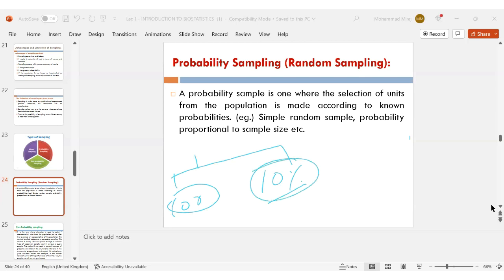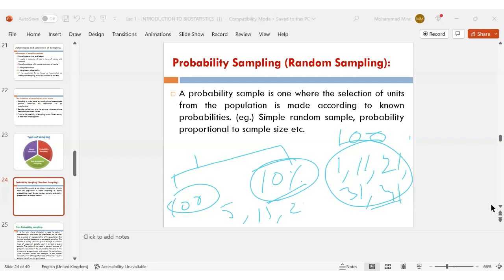This 10% could be because I've got 100 doctors, so I could take every first doctor in each group: first, 11th, 21st, 31st, 41st. This is one probability. The other probability, I am taking every fifth doctor from the team: fifth, 15th, 25th, 35th doctor, or every second doctor.